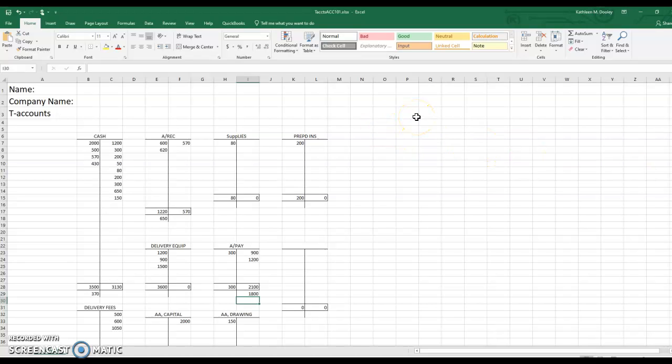Okay, so we can go over here to the side, and we're going to first put in our heading. So that's the name of the company, Amanda's campus delivery. And what is this? It's a trial balance.